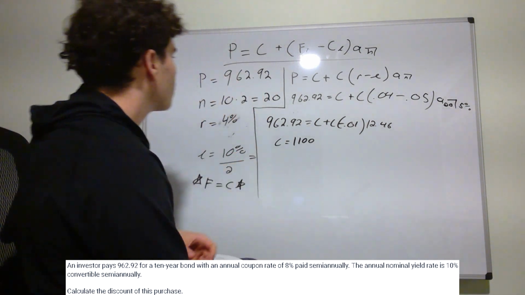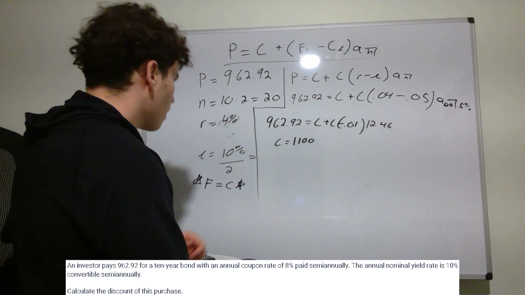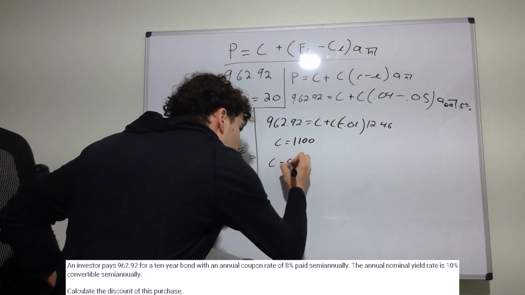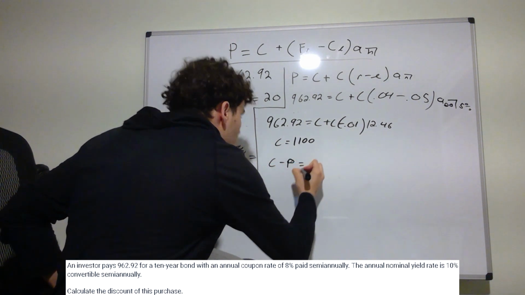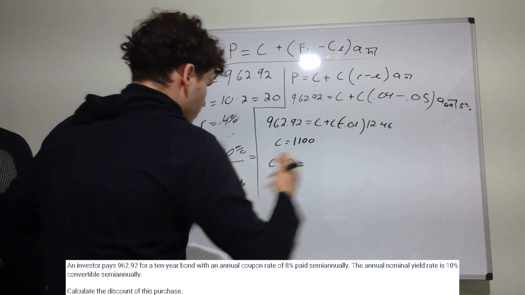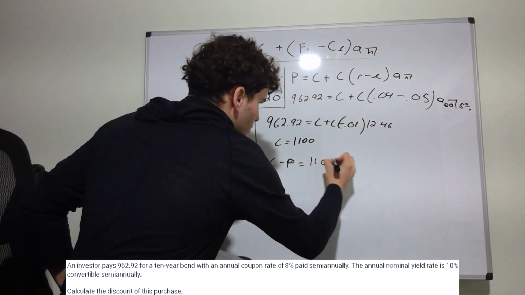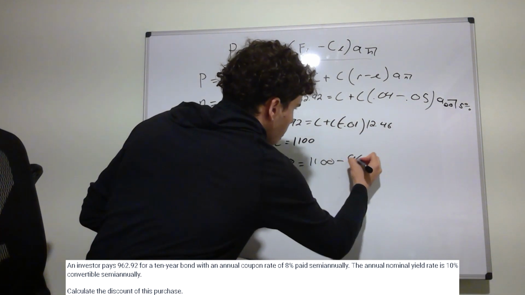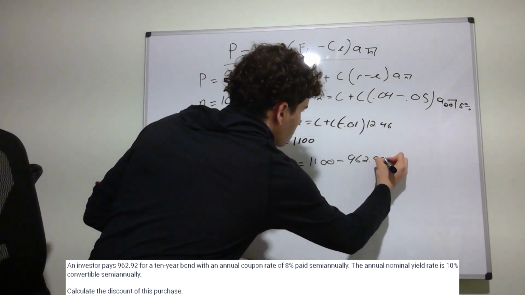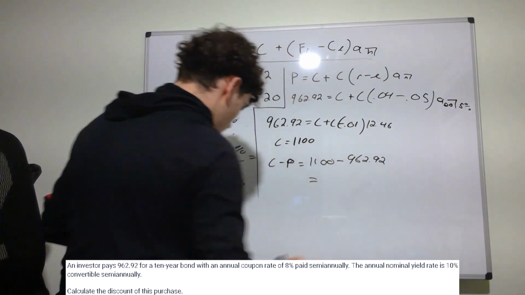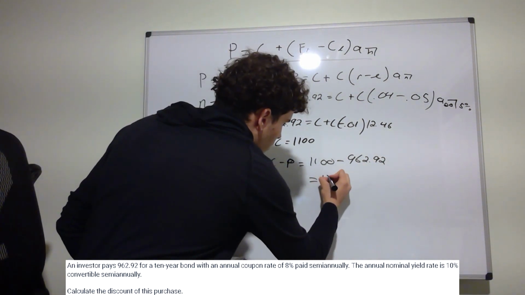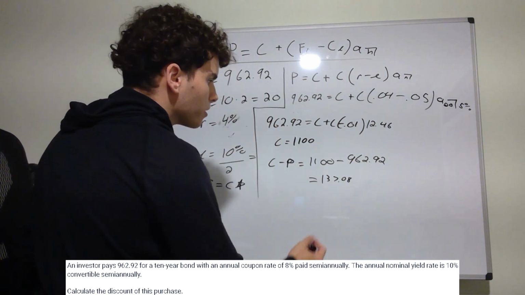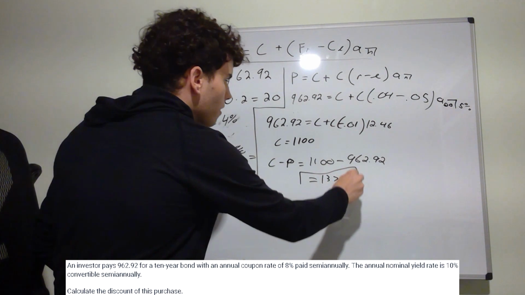So we can do, I believe it's P minus C. No, C minus P. So we have 1100 minus the original price that we've been using all along, 962.92, and that equals our final answer of 137.08, right? Yep, you can round to 137, and that is our final answer.